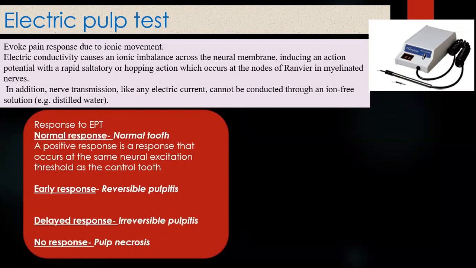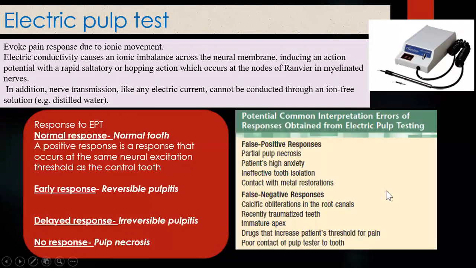However, we would sometimes have errors with EPT. So we may have a false positive response. What is a false positive response? Even if the pulp has undergone necrosis, we get a response suggesting it is inflamed tissue.